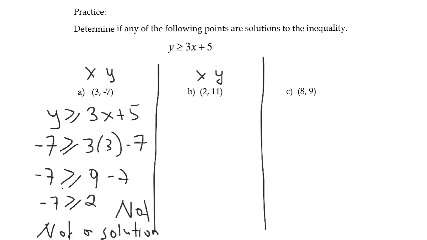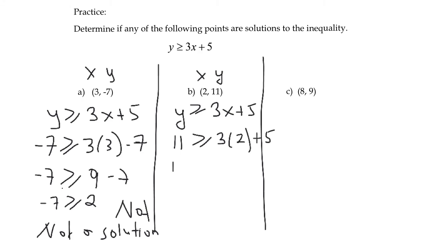Again, I'm going to rewrite the inequality: y is greater than or equal to 3x plus 5. Let's substitute. 11 is greater than or equal to 3 times 2 plus 5.